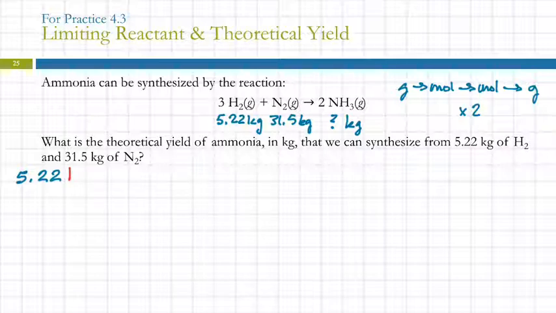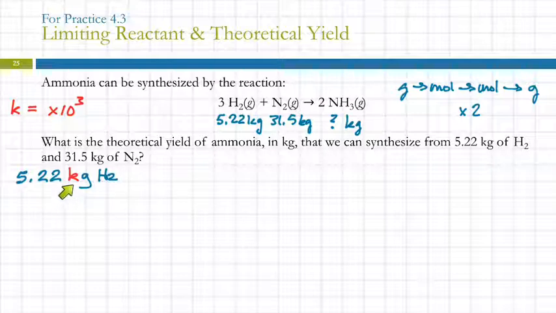I'm going to write the kilo in red. So it's kilograms of hydrogen. Remember, kilo stands in for times 10 to the third. So k equals times 10 to the third, which is a number, right? So what I'm going to do is just leave the kilo there, setting it aside and saying, I'll deal with you later. And I'm going to take this blue gram and cancel the grams, and go on and just do this in grams and deal with the kilo part later. Everybody okay with that?